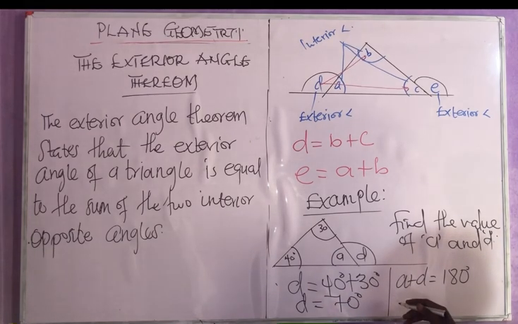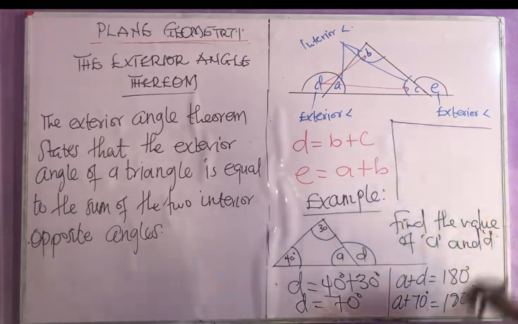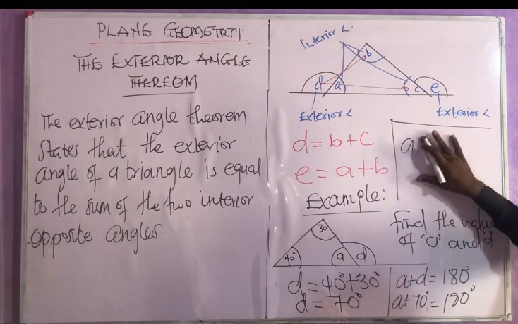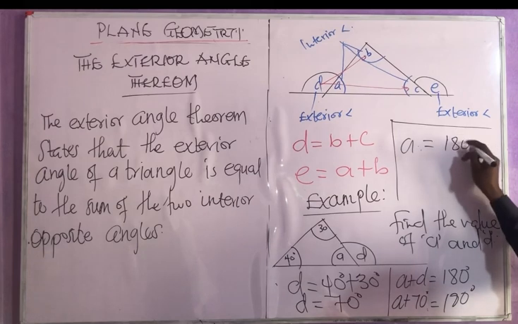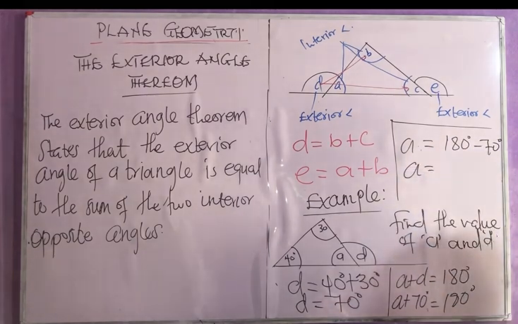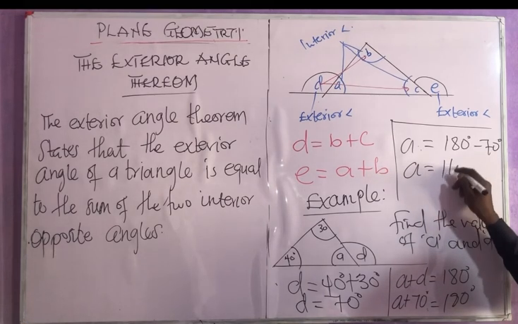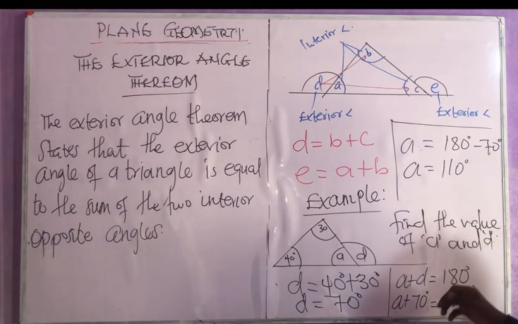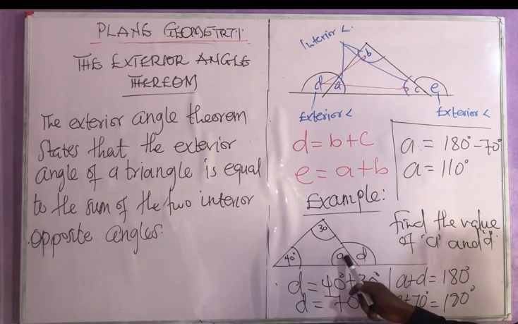Since we have already worked out D, it will be A plus 70 degrees equals 180 degrees. A is equal to 180 degrees minus 70 degrees. So A will be what? 110 degrees.